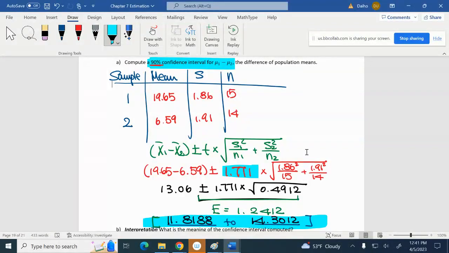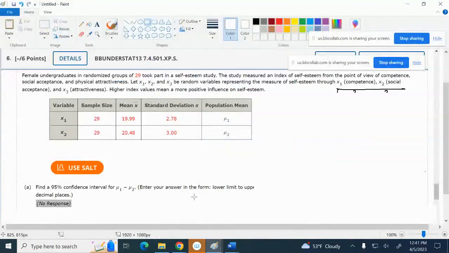Okay, let's do quiz number 18. Please make the 95% confidence interval between two samples.